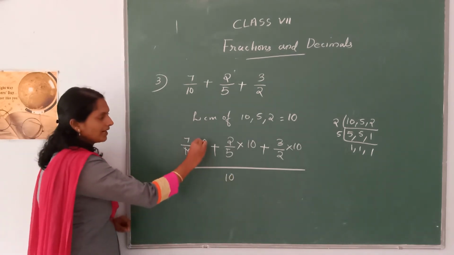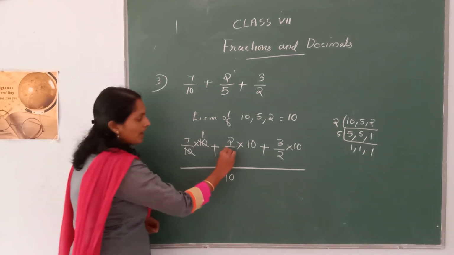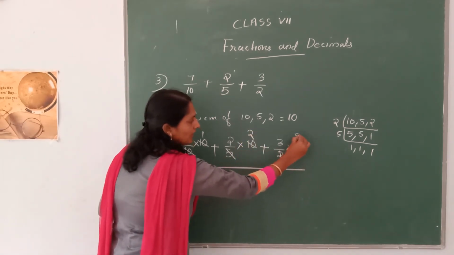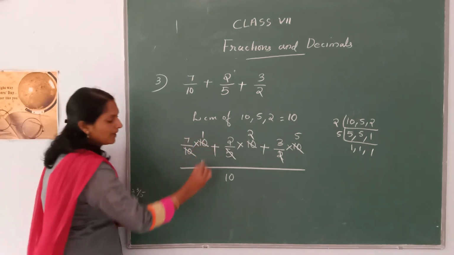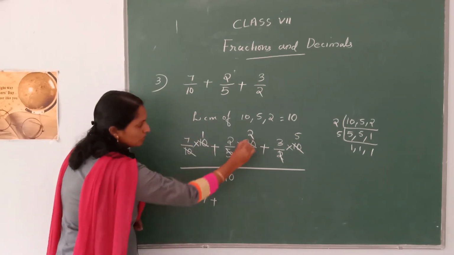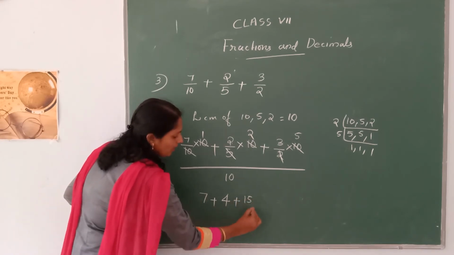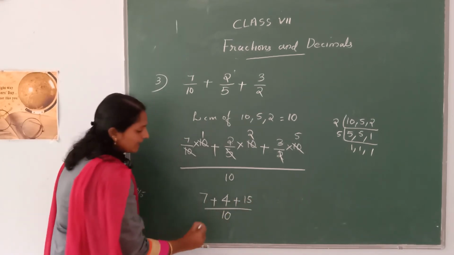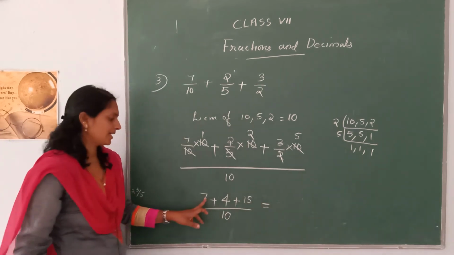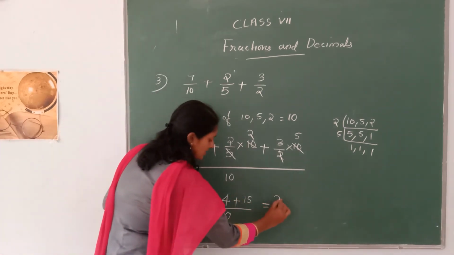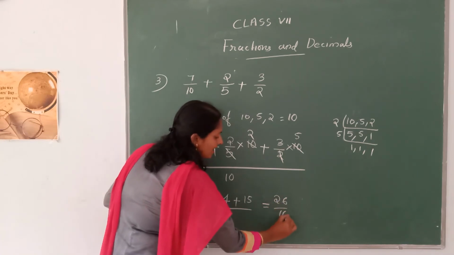Cancelling 10 and 10 we will get 1, and 5 and 10, 2, and 10 and 2, that is 5. Then multiply 7 plus 2 2s are 4 plus 3 into 5, 15, whole divided by 10. Then you add the numerators 7 plus 4, 11, 11 plus 15 that is 26 divided by 10.